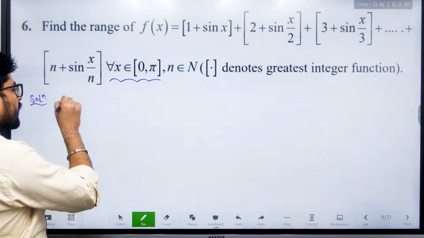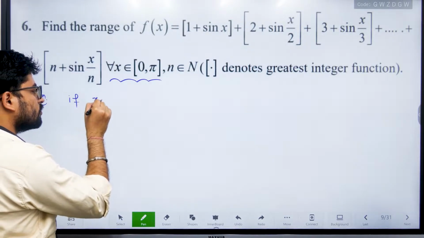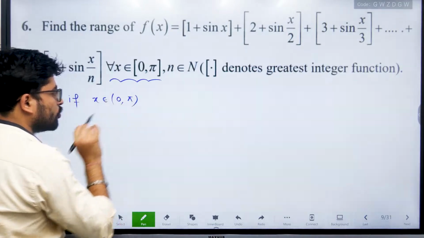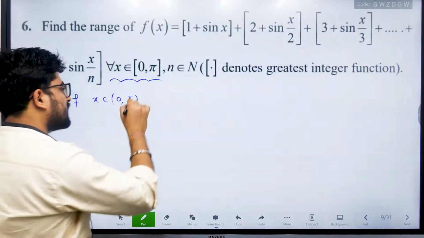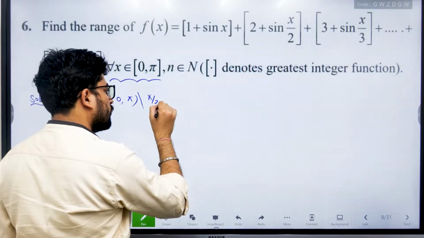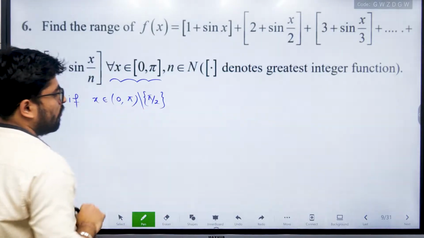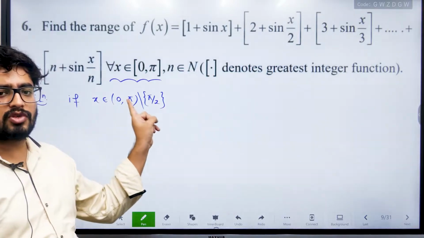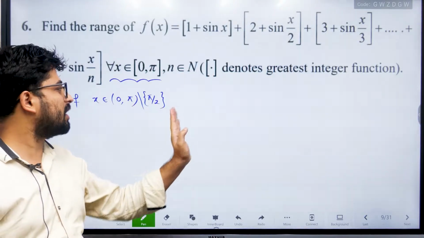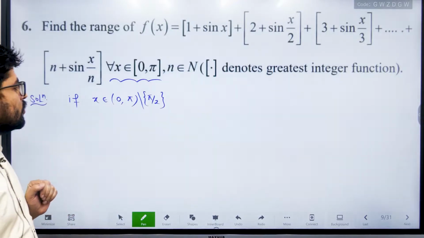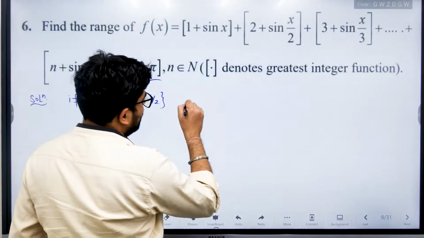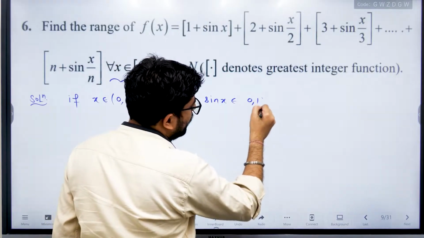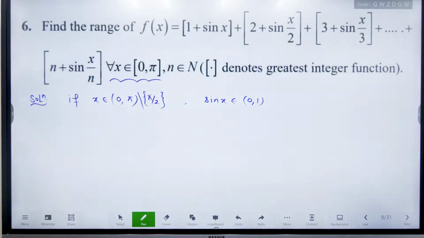If x belongs to 0 to pi except pi by 2, you are taking x from 0 to pi except pi by 2, because at pi by 2 sin is 1. So now you can say sin x is always in (0, 1), open interval.